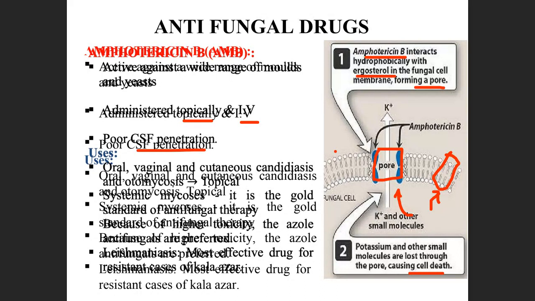Especially in systemic mycosis, Amphotericin B is considered the gold standard. That means it can be prescribed for systemic cases of mycosis.